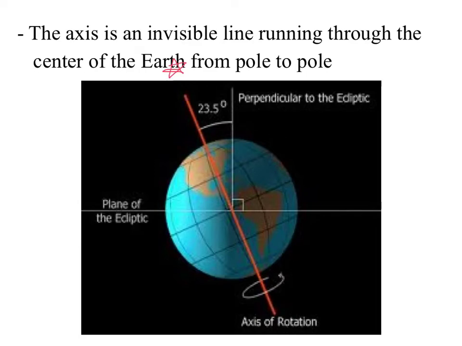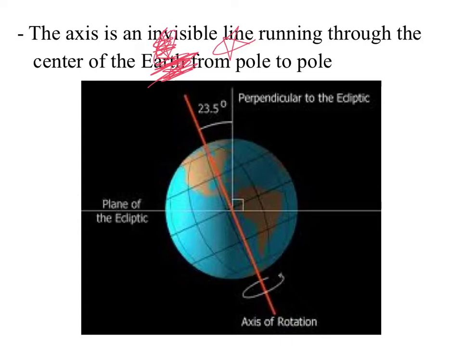So in the future the North Star is no longer going to be above the North Pole. Some other star is going to be up here, or no star at all, which will make navigation without compasses a little more difficult. But anyway, that is the Earth's axis.